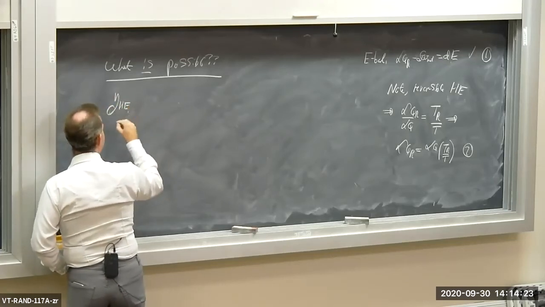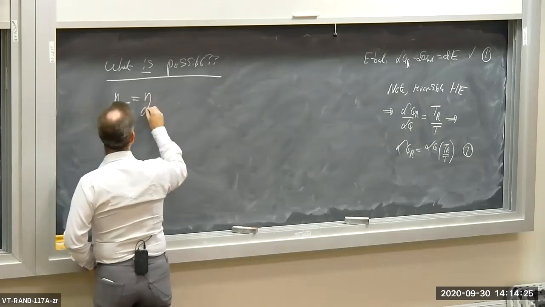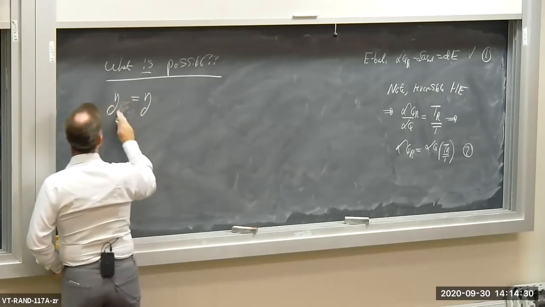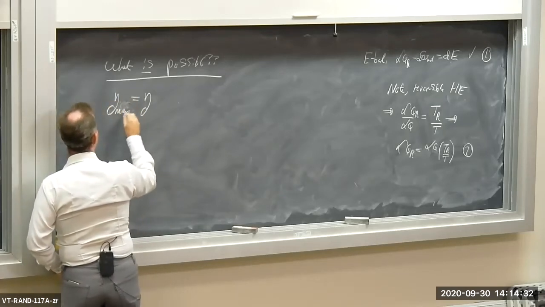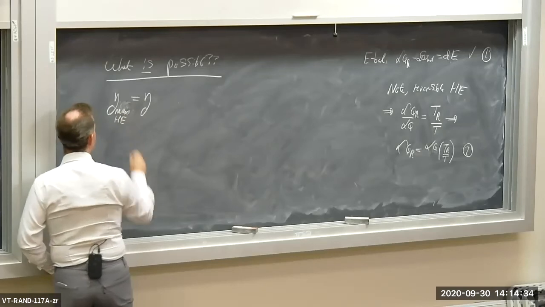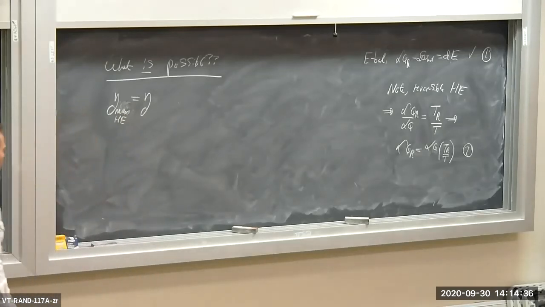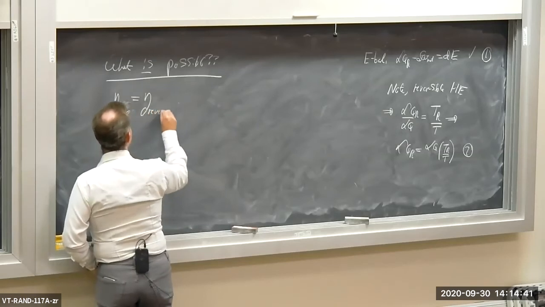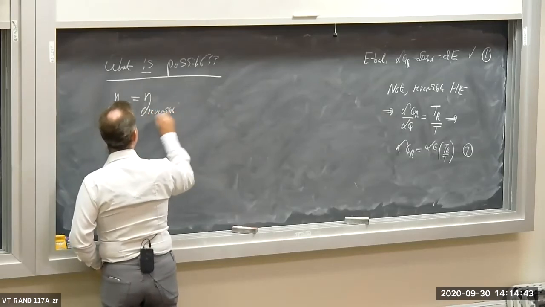I'll put HE here. The maximum efficiency, HE max. And what I mean by that is the efficiency of a heat engine. The maximum efficiency is equal to the efficiency of a reversible heat engine.